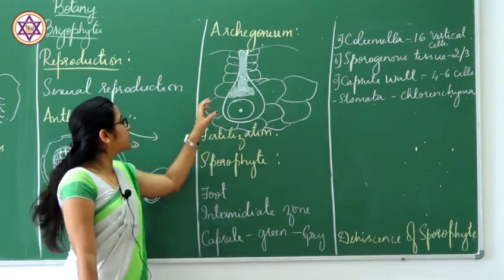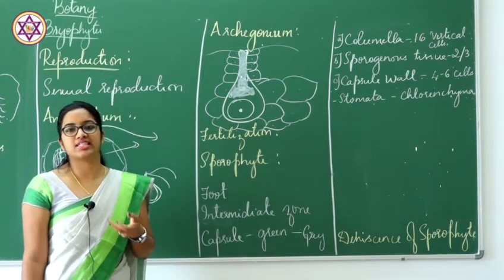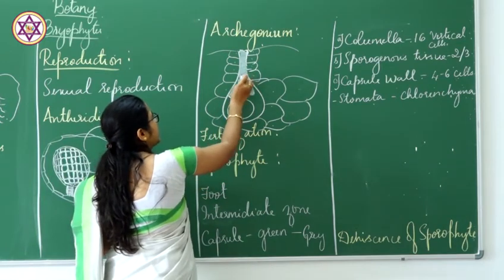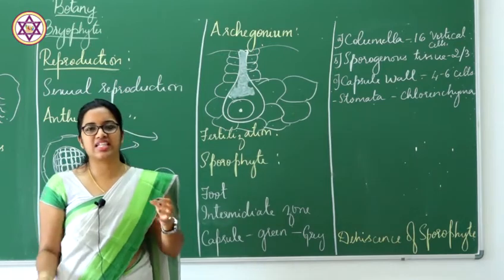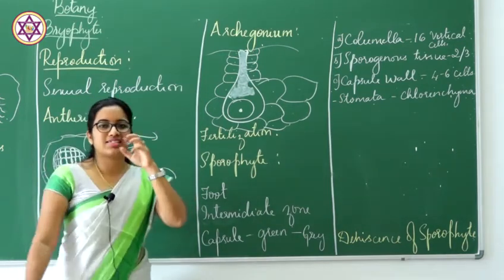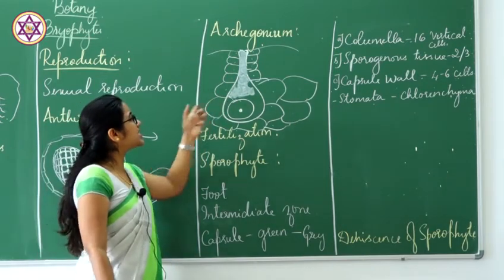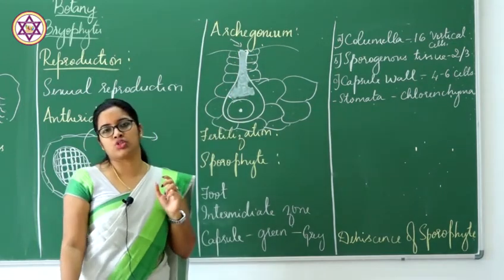Once the egg is matured, they completely disintegrate, and a sweet liquid is produced, some chemicals secreted there. These chemicals will attract the anthrozooids.